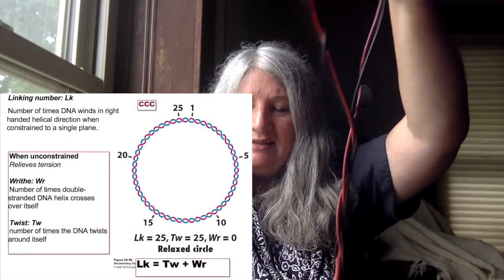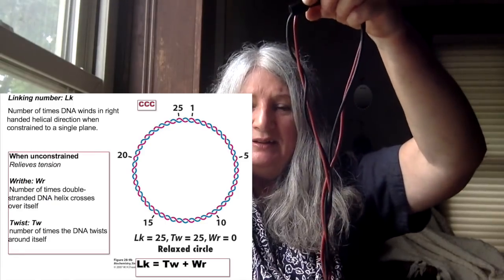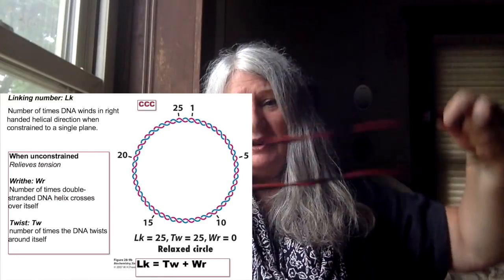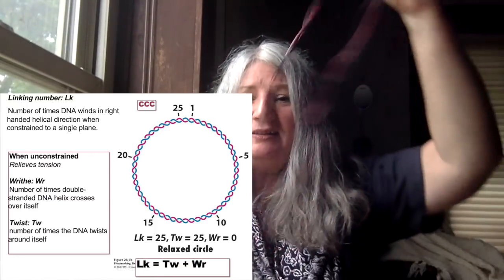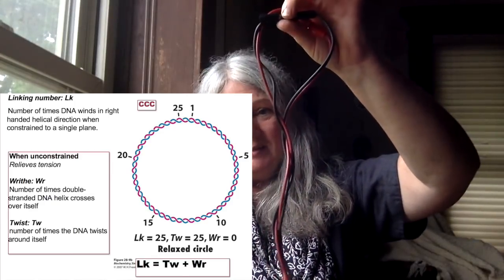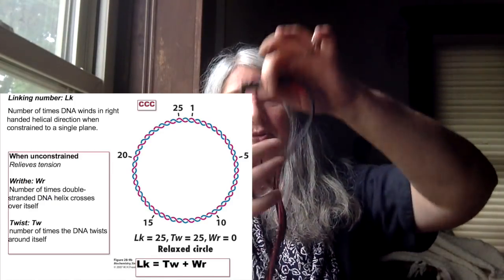This crossing over of one double strand over another is called a writhe. And the number of times that the DNA is turning around itself now, because it's just allowed to do whatever it wants, I'm not holding it straight, okay? I'm letting it do whatever it wants. This is called the twist. So the linking number and the twist are different in that with the linking number, oops, I broke my DNA.